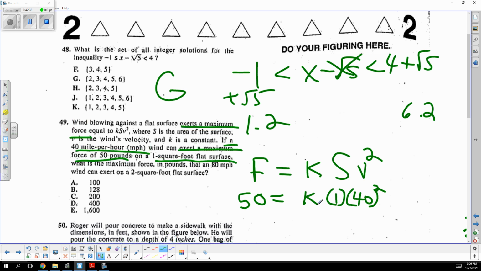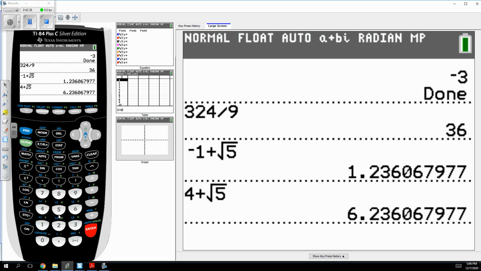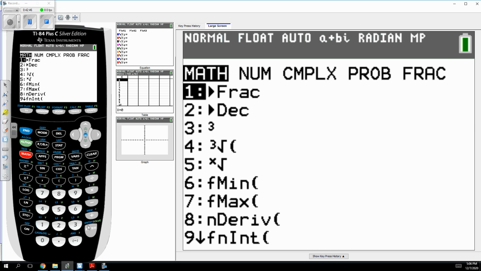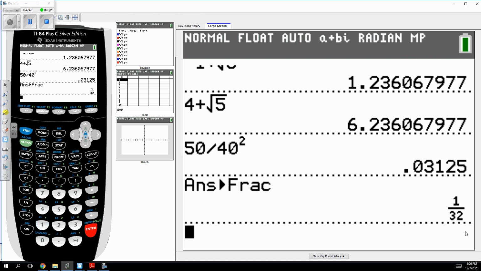So I use this to find the K. The K ends up being 50 divided by 40 squared. So the K is 1 over 32.